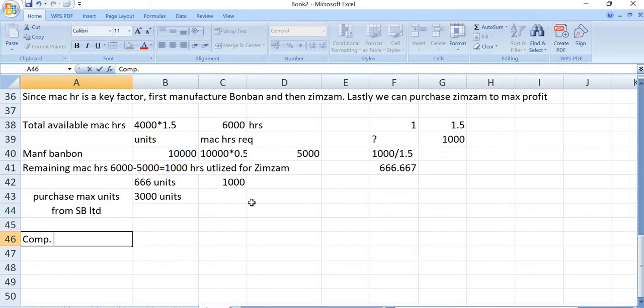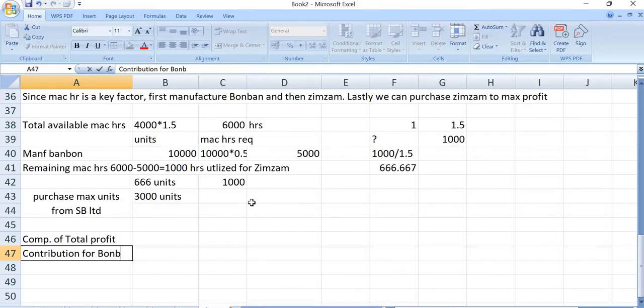So computation of total profit. So I'm considering contribution itself so that I can easily complete my answer. So contribution for bond.